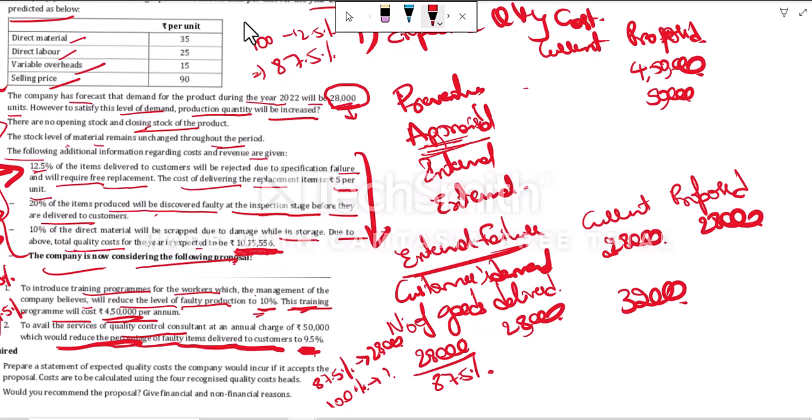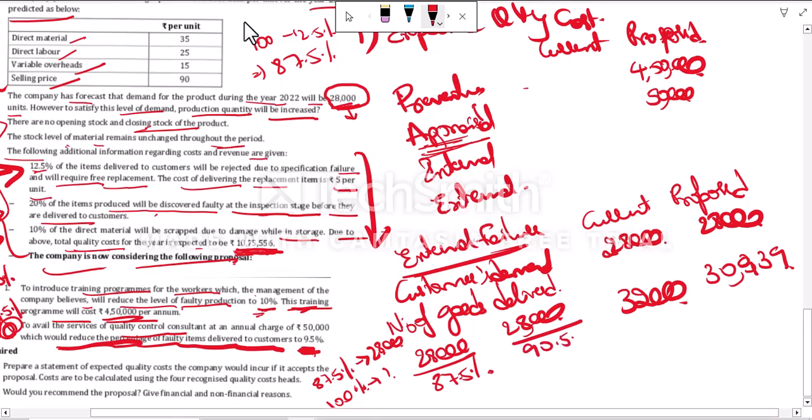The second point: in 100, 9.5 are defective, meaning 90.5 are good. So 28,000 represents 90.5% of goods. How many might they have produced? 30,939, meaning 28,000 divided by 90.5%.